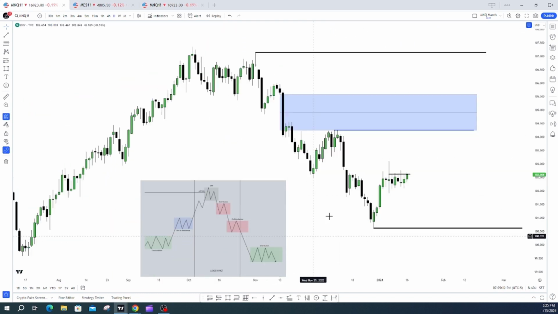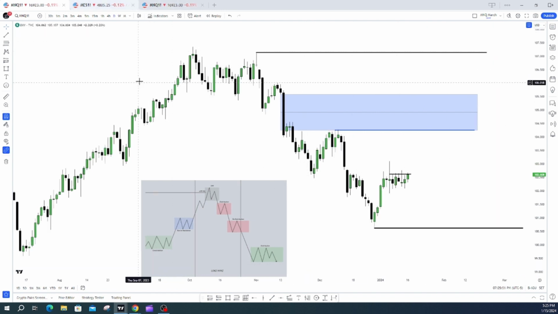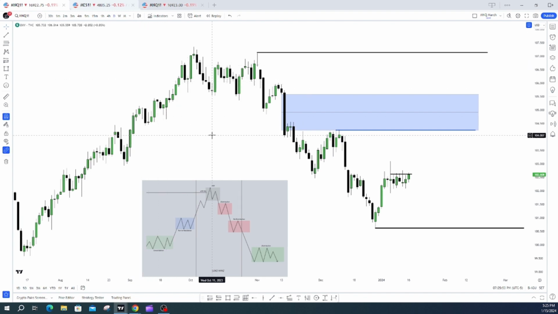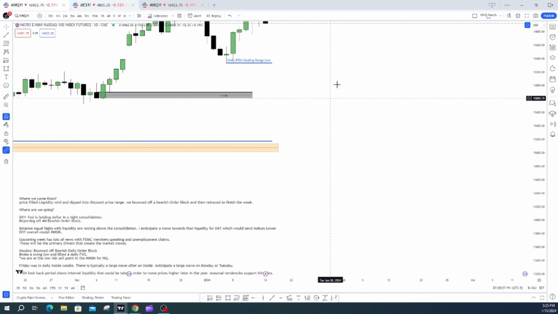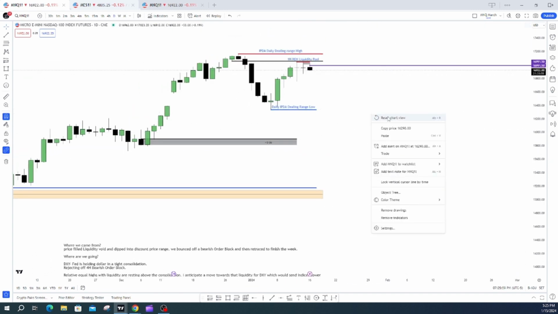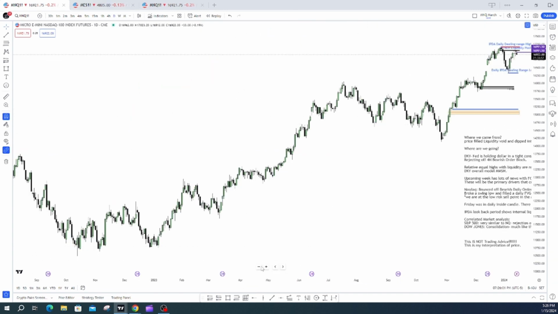If I go back to this, we see here, boom, low risk sell, move here, consolidation, move here. It didn't quite get to here, move higher, soak up orders, move lower. So my outlook on the stock indices or Nasdaq is that we're going to see a sustained price run lower.